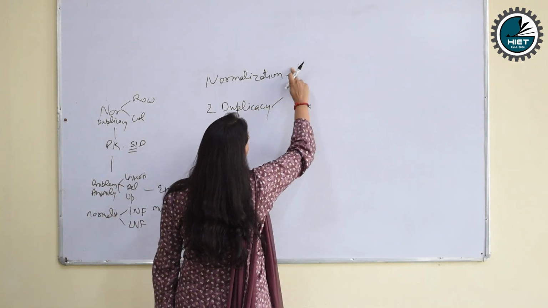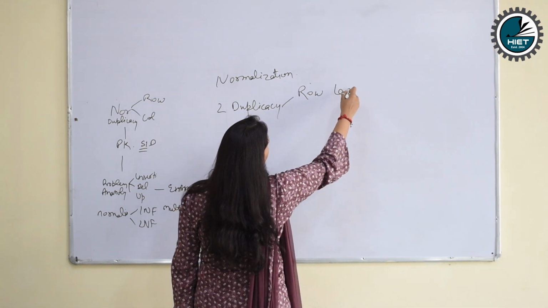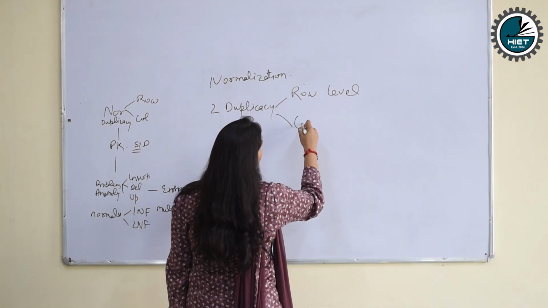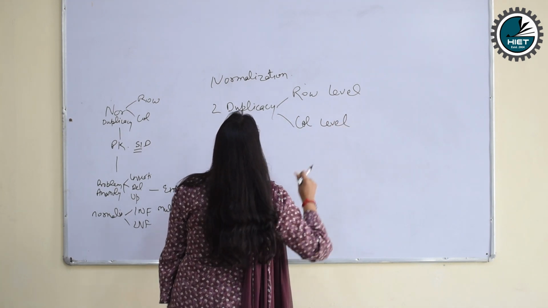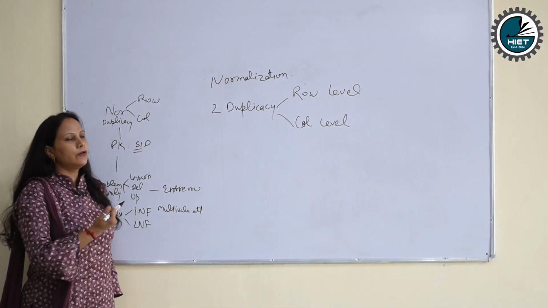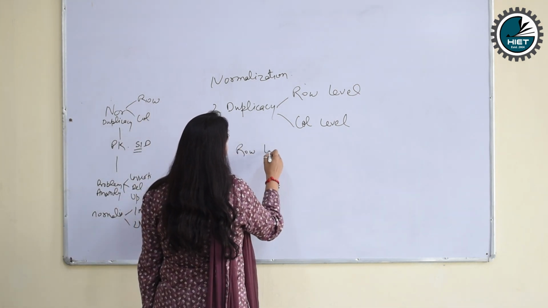First one is row level and second one is column level. Now see, what is row level duplicacy?